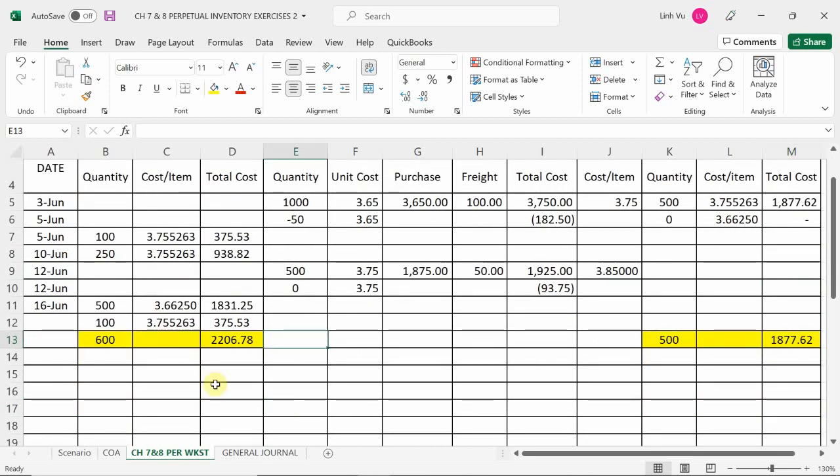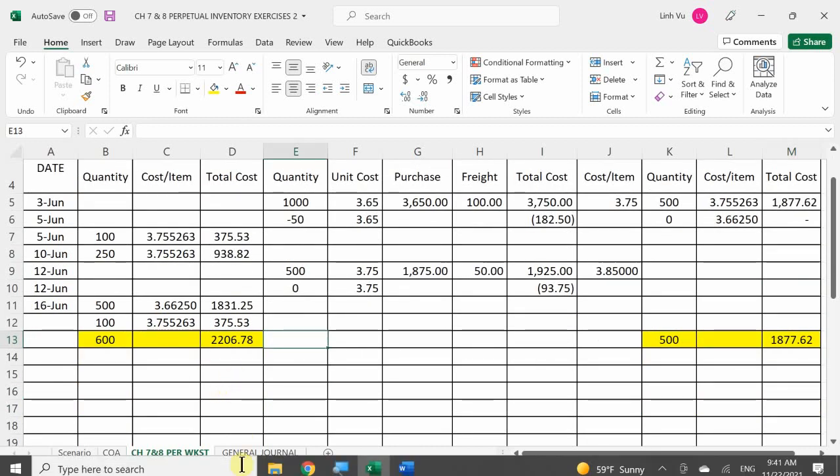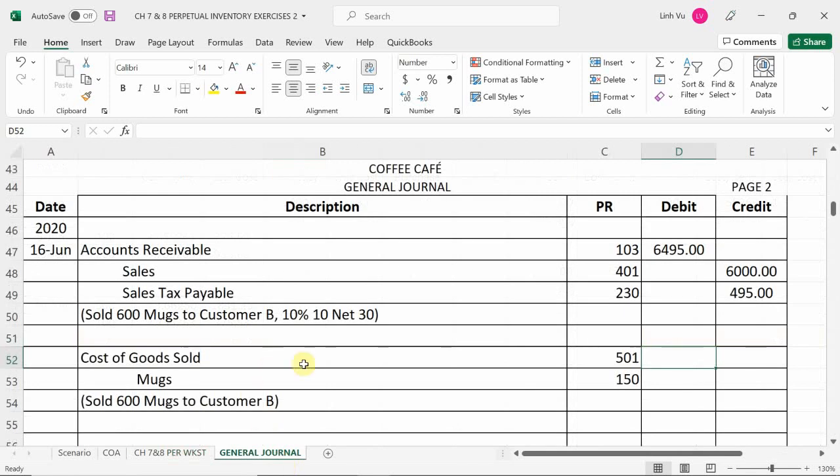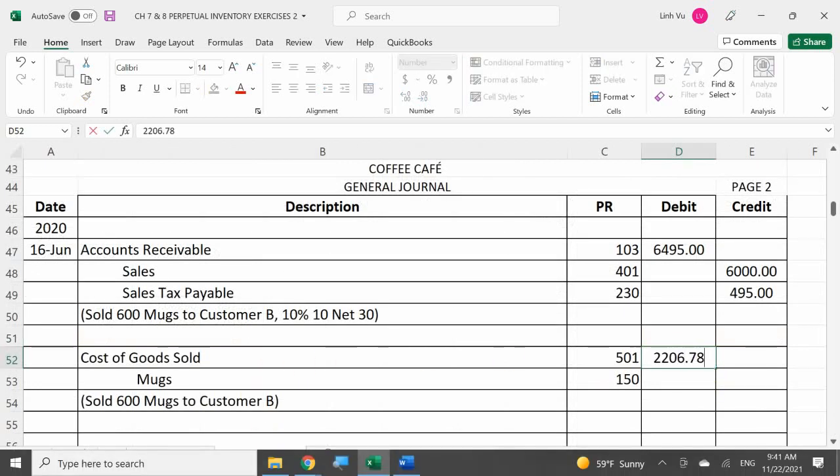So then here's our number. 2206.78 is going to be my total cost of goods sold.